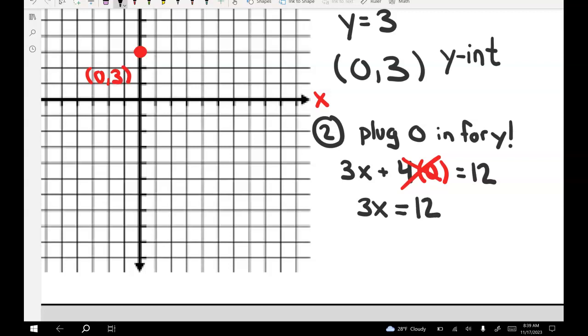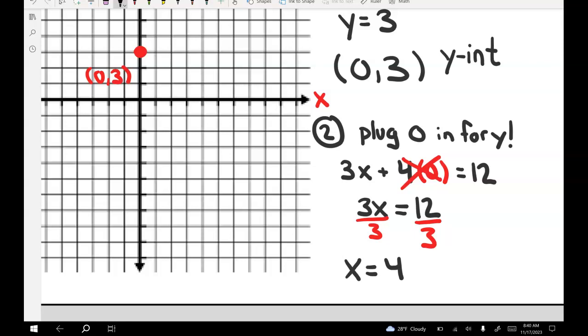And again, we just have to do a little bit of division to figure out what x is. Divide each side by 3. So we get x is equal to 4. We do the same thing that we did with our y-intercept. We're going to turn this into a point. But since now we're given our x value, that's the number that comes first in the parentheses.